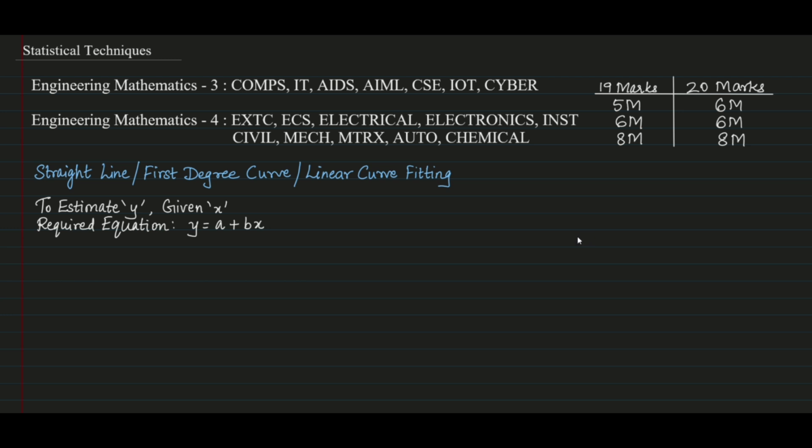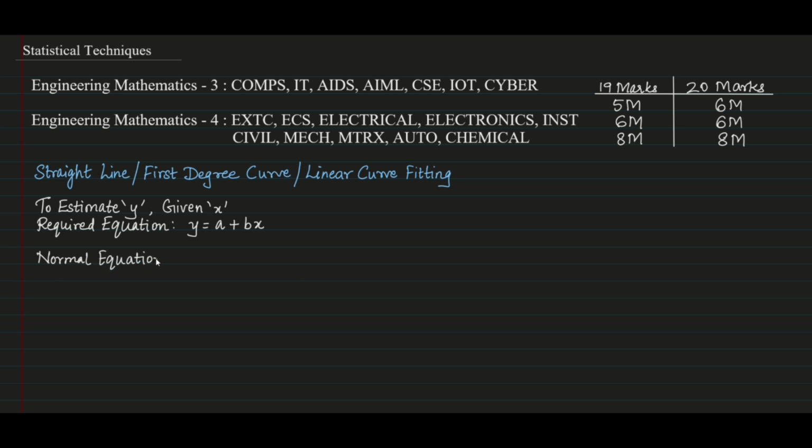Sometimes they directly give in the question fit a straight line y is equal to a plus bx. Sometimes they give a value of x, ask to estimate y. In either case, we will fit the straight line y is equal to a plus bx. To find the values of a and b, we use normal equations.